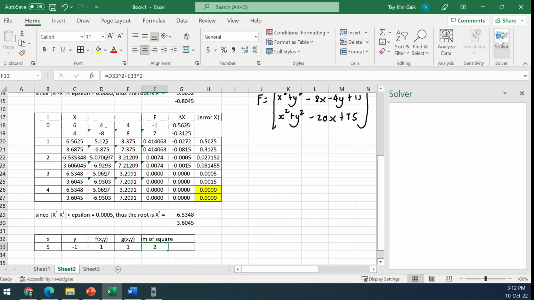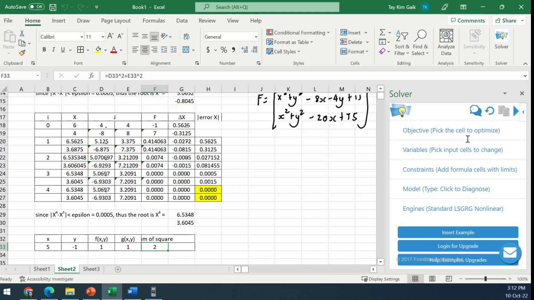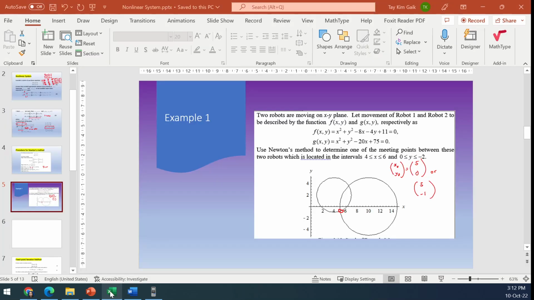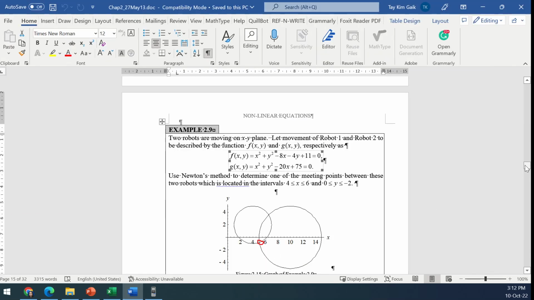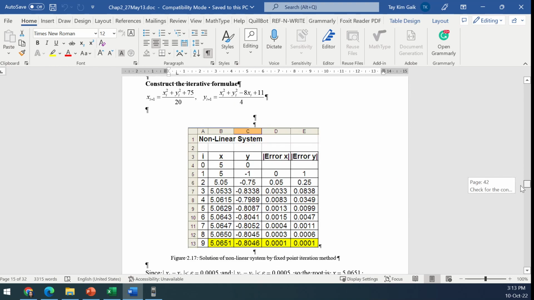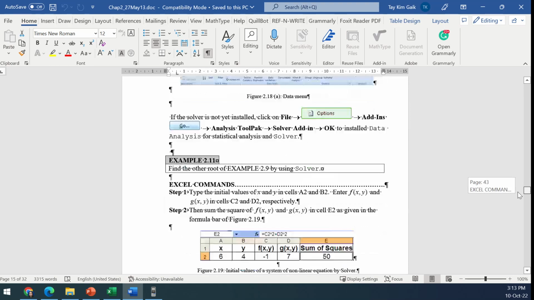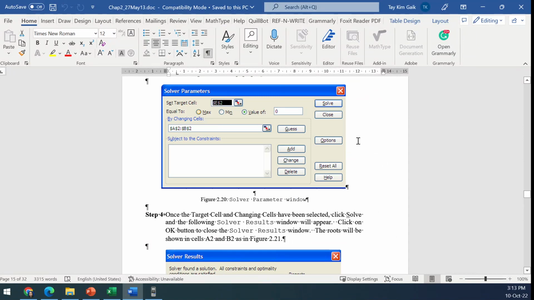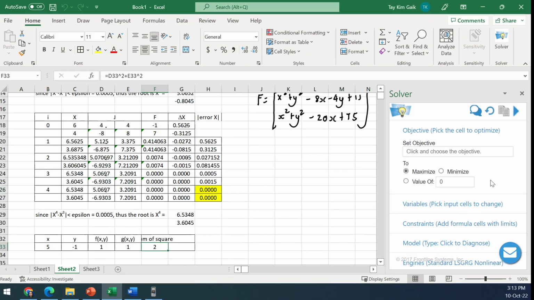So you click the Solver. Mine is a new layout. You may have a different layout, like the old layout. Okay, mine is a new layout.